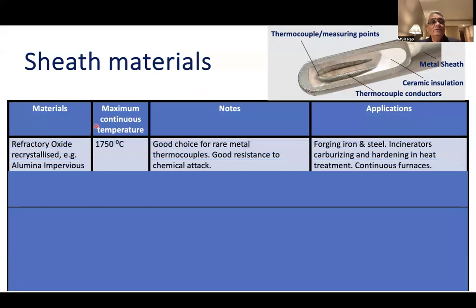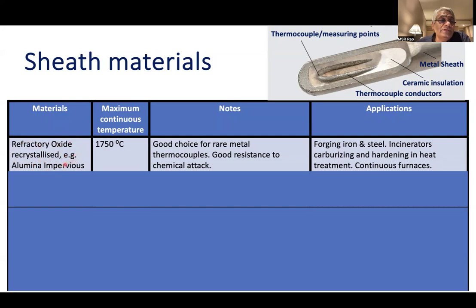If you look at the materials, when we say refractory oxide or a refractory element, that means you're dealing with a high temperature element or a compound. Tungsten, molybdenum, tungsten oxide, molybdenum oxide, rhenium. These are all high melting point elements and compounds.